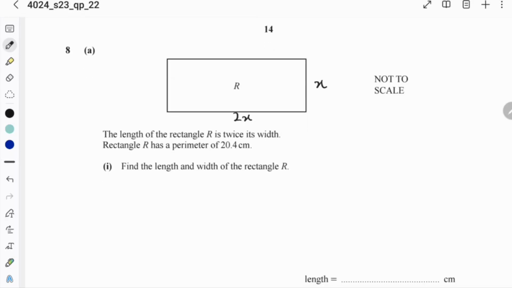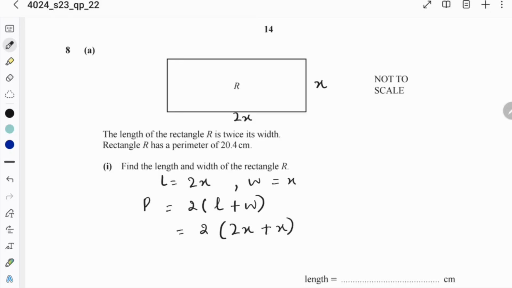So the perimeter equals 2 times, as we know the length is 2x and the width is x, 2 times L plus W. So 2 times 2x plus x, that will become 2 times 3x, which equals 6x.